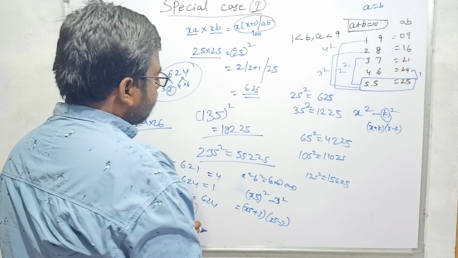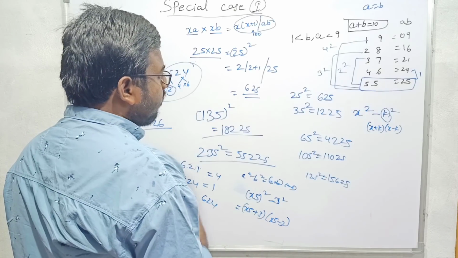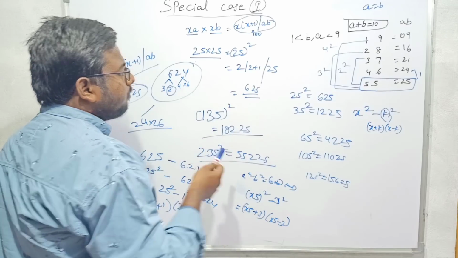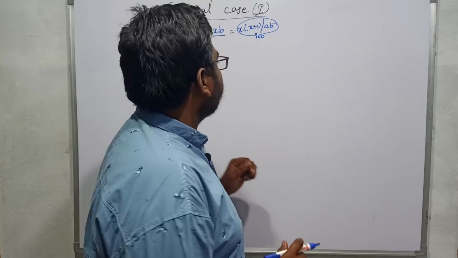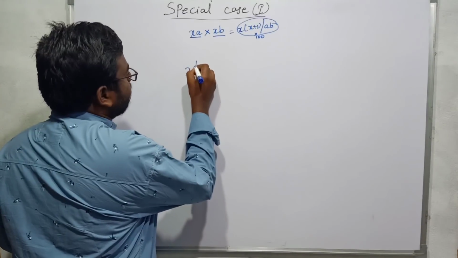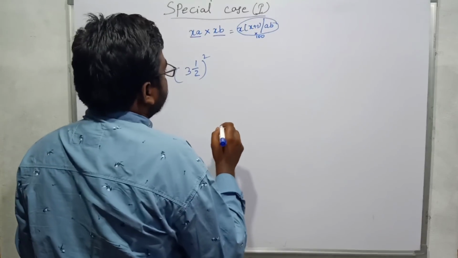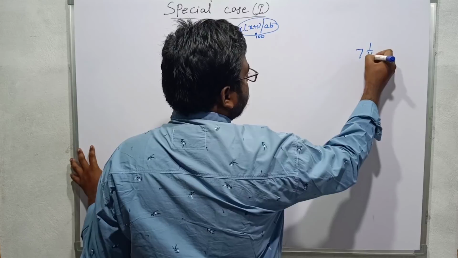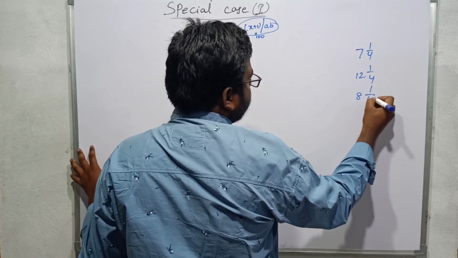So we learned how to calculate the perfect square, how to calculate the square of numbers ending with 5, and let us see one more application of this concept based on 5. In examinations, we may see a question like this. For example, square of 3.5 square. And options will be given as 7 1 by 4, 12 1 by 4, 8 1 by 4.